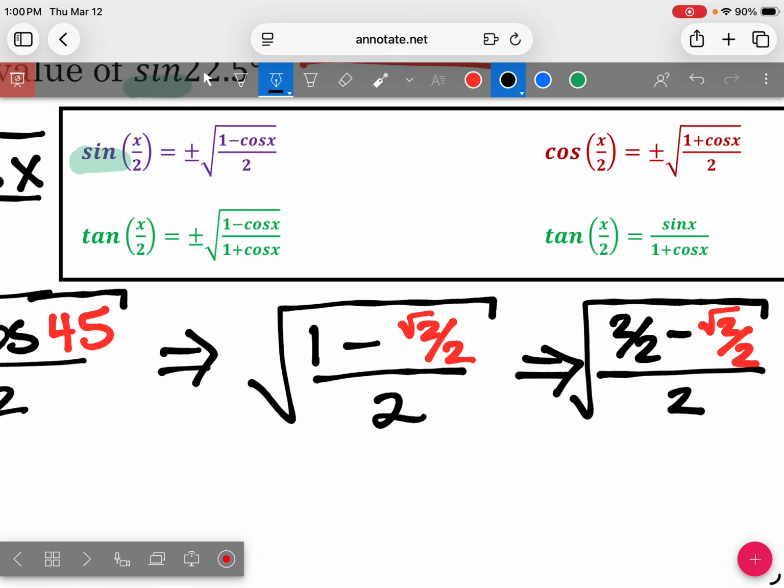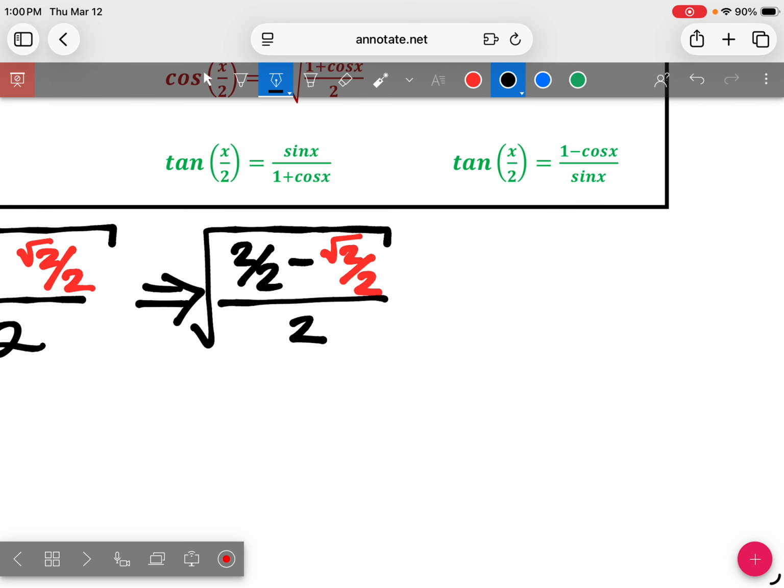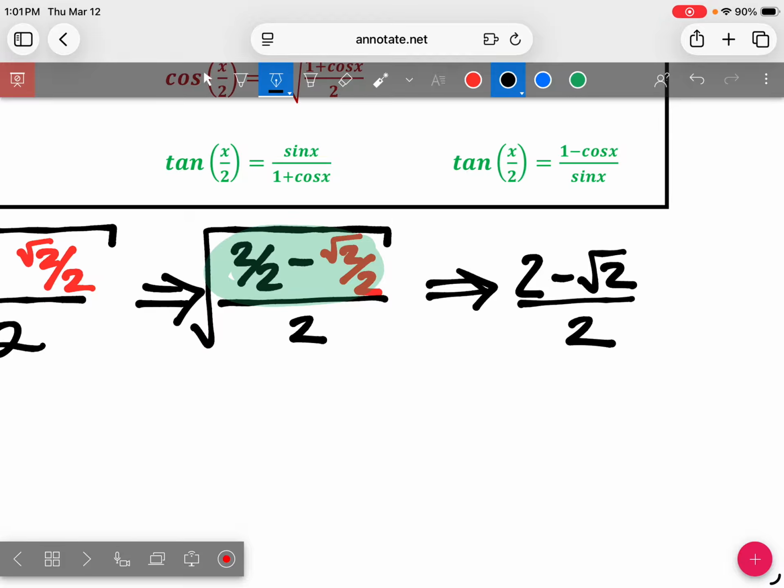When you have two fractions and you're subtracting them and you have a common denominator, we can actually write that as one fraction. So this right here, I'm going to bring that together and write it as 2 minus root 2 all over 2. And that's divided by 2 over 1.